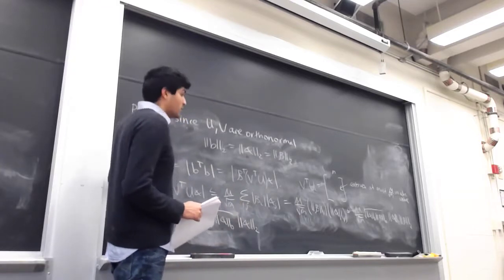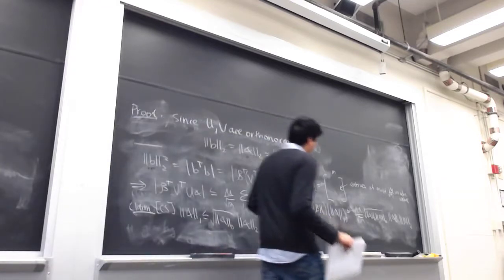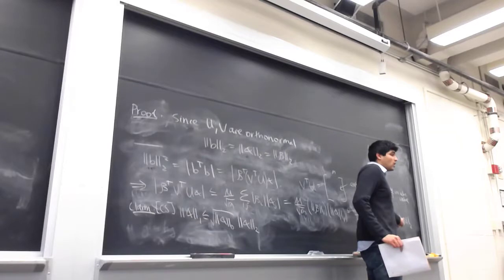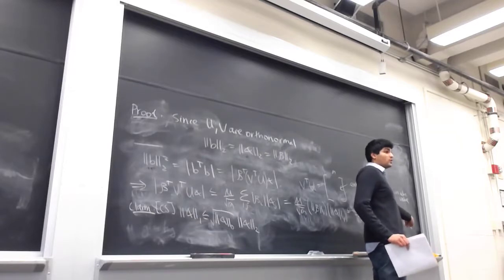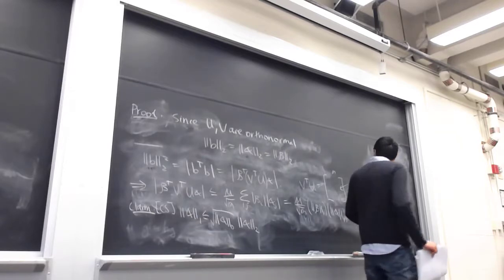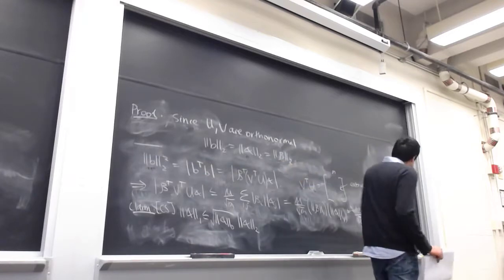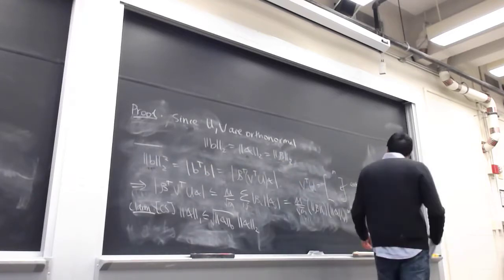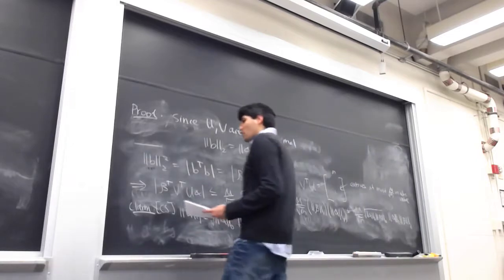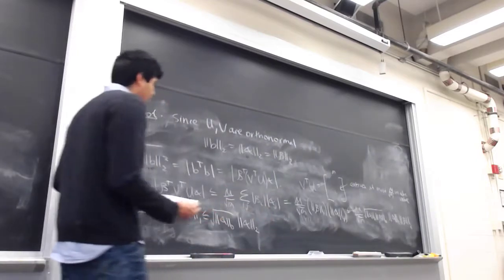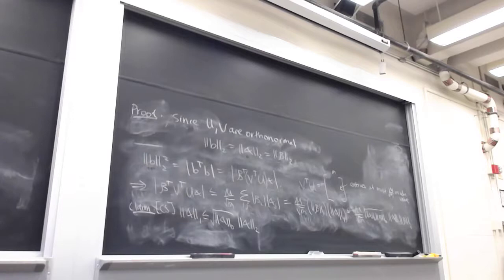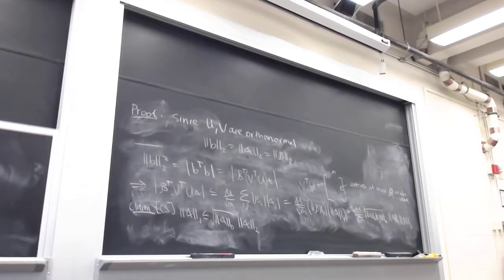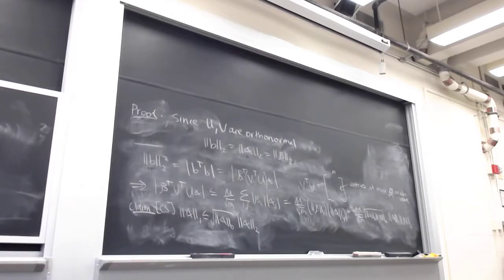Right here we've got the 2 norm of b squared, and lo and behold, what we pulled out was the 2 norm of alpha and the 2 norm of beta. So we know from this equality that this is just the 2 norm of b squared. So we can just cancel this on both sides. And now we're in business because we have something that looks like an uncertainty principle. We're almost done. Let me just finish up on this board.